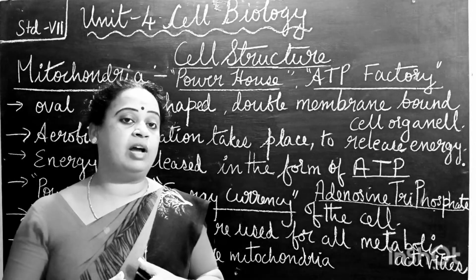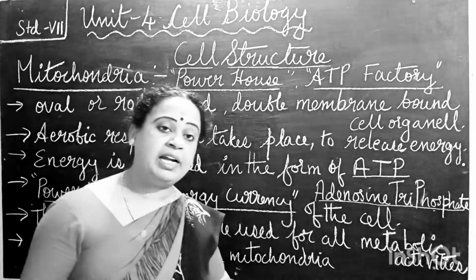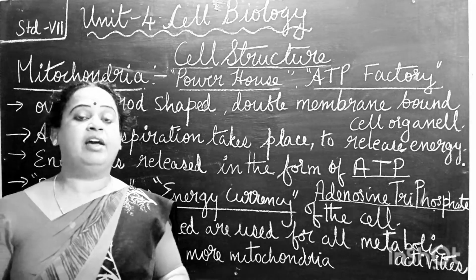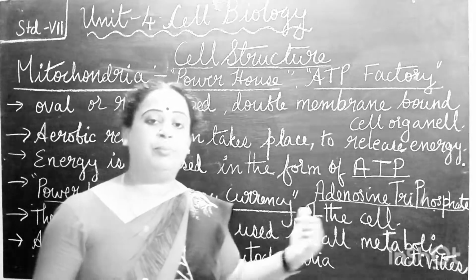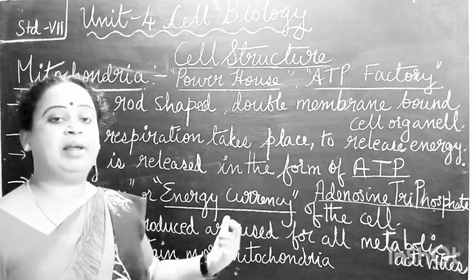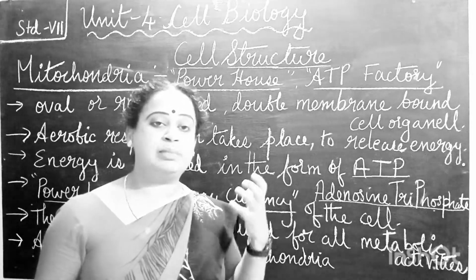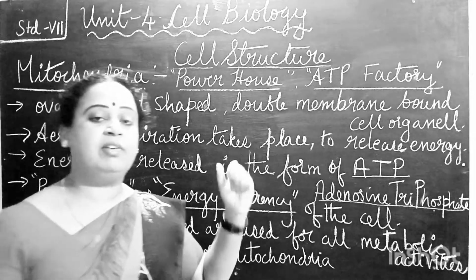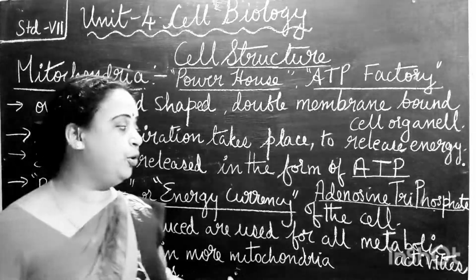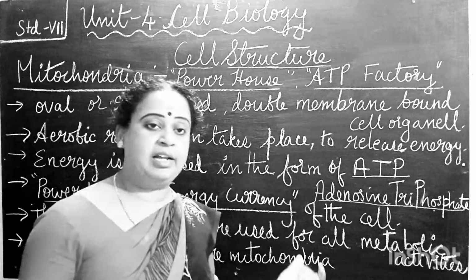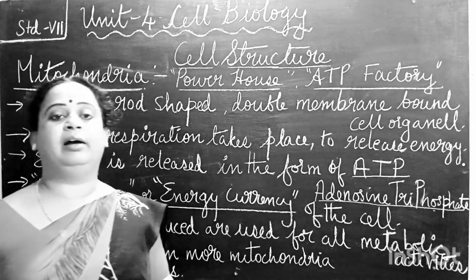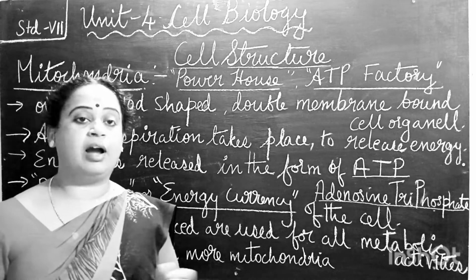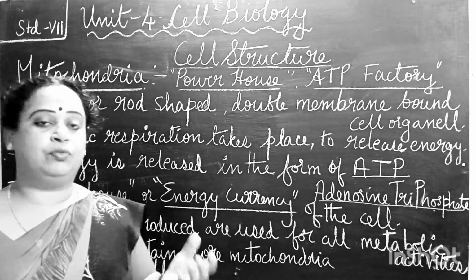Our body is normal only when these metabolic activities are taking place. Cells perform their metabolic activities with the help of ATP, the energy produced by mitochondria. For energy to be produced by mitochondria, we should eat more nutritious food.